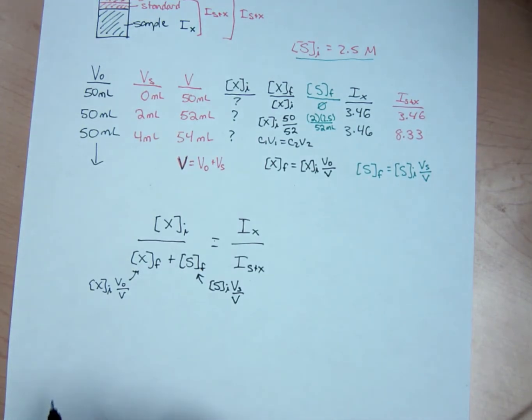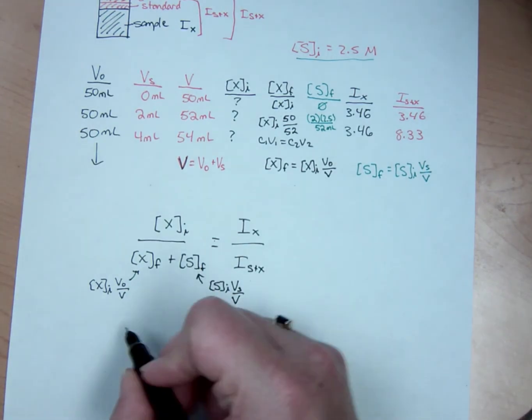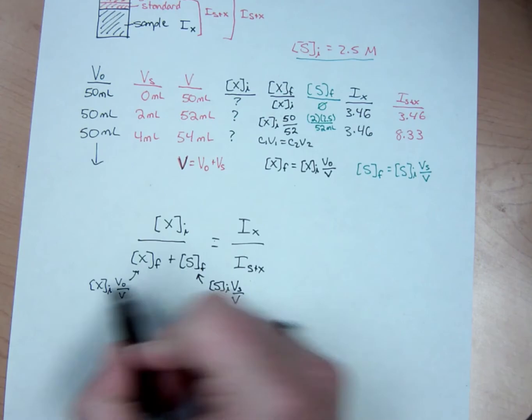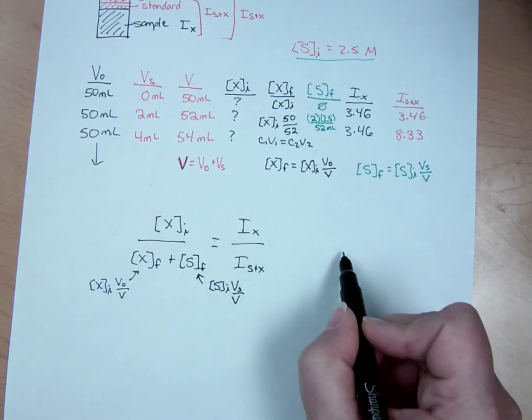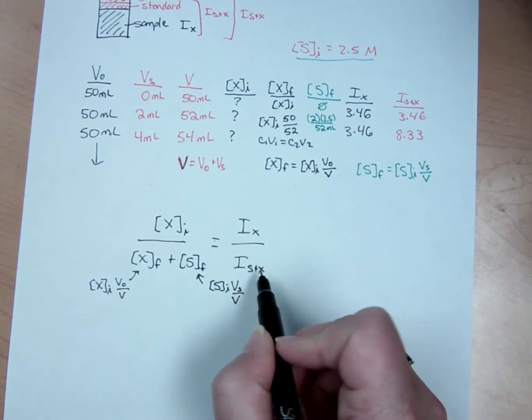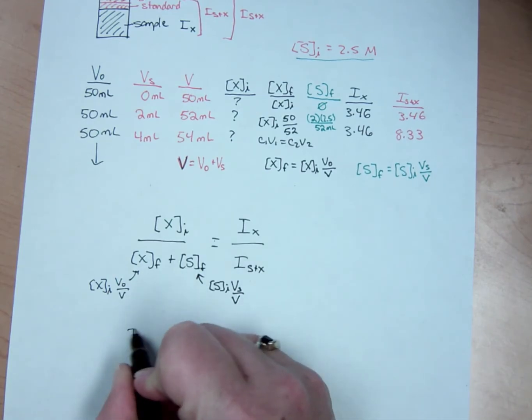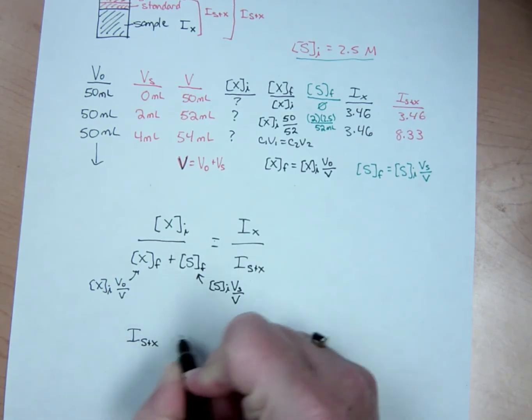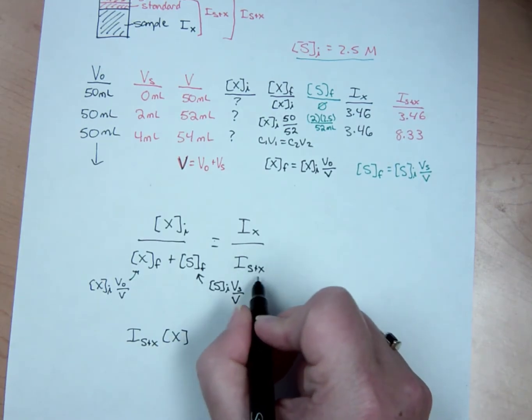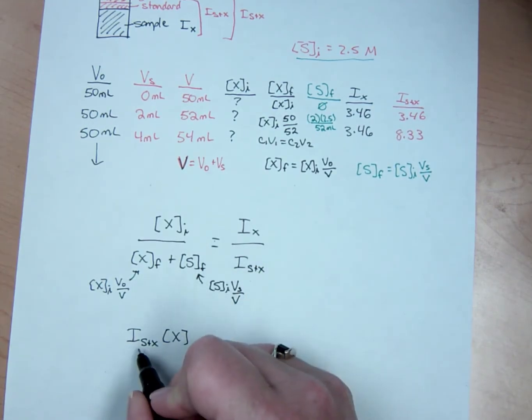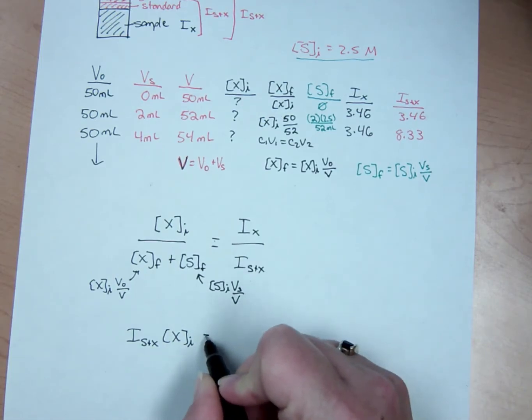Okay, so as I keep deriving things, I'm going to take my new denominator and multiply it by both sides, and take this denominator and multiply it by both sides as well. If I multiply I_S+X by both sides, I now have this times my initial concentration.